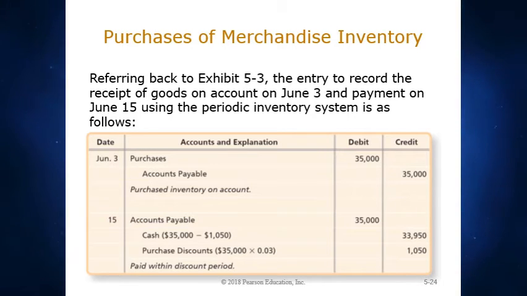So we had a purchase of $35,000. And so that went into purchases instead of merchandise inventory, and then accounts payable because we haven't paid for it yet. So then we pay for that invoice, so we pay the $35,000, but we take advantage of that 3% discount. And again, same basic thing that we had earlier in the chapter.